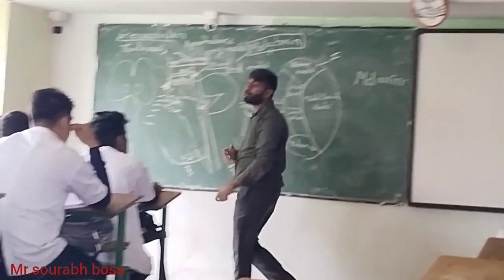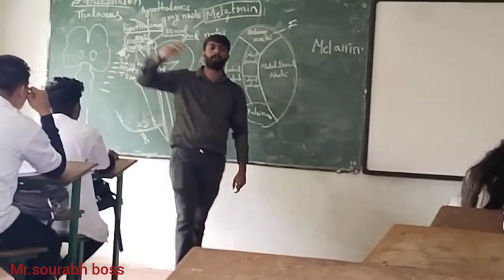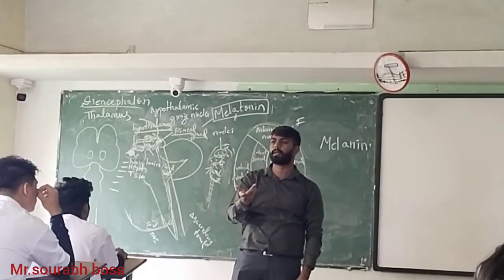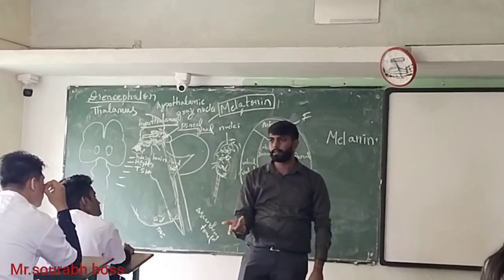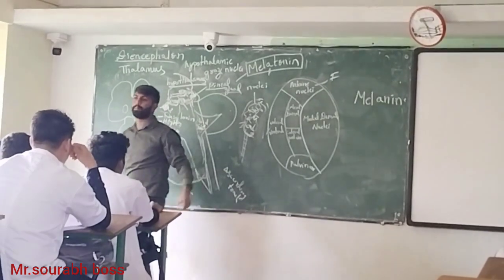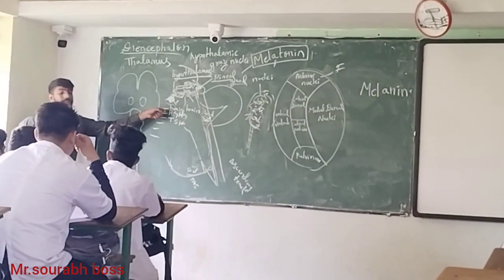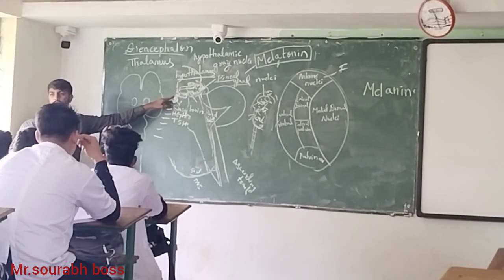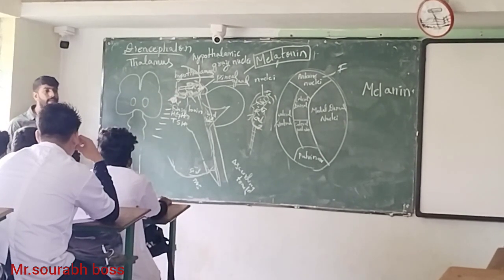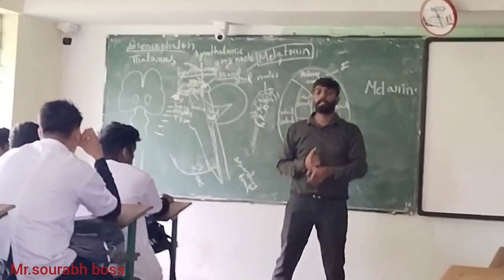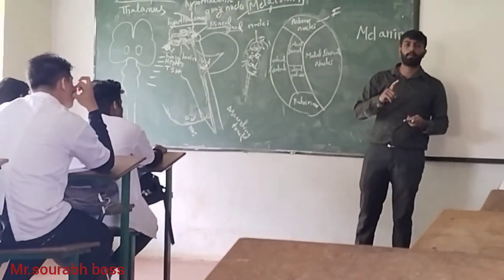So the thyroid gland will not produce its hormones until TSH comes and tells the thyroid gland to produce thyroid hormones. So who is producing the TSH? Pituitary gland. Who is telling the pituitary gland to produce TSH? Hypothalamus. Everything is correct. When I explain the endocrine chapter, I will talk about the pituitary gland first, then the thyroid.